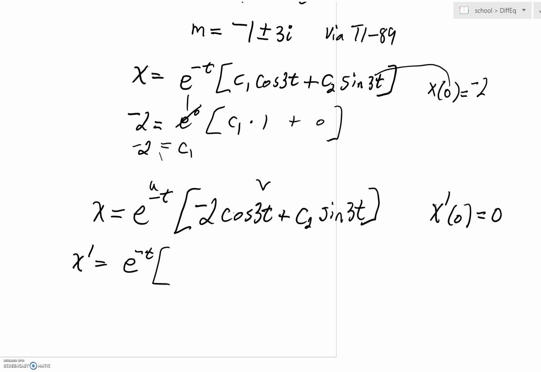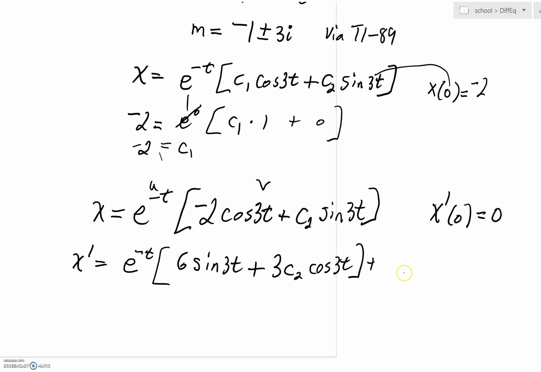The derivative of cosine is negative sine, but with the chain rule, out comes a 3. So a negative 2 times 3, you should get a 6 sine of 3t. The derivative of sine is cosine, so with the chain rule, out comes a 3. And then, that's your uv prime.